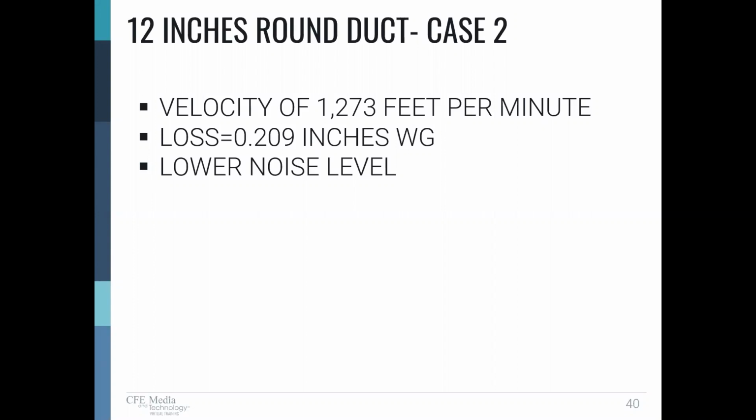So as I mentioned earlier, one of the ways to reduce the static pressure losses in a duct system is to increase the duct size. And to go from a 10-inch duct to a 12-inch duct, we've cut more than half the losses. This is within the normal design criteria between 1,000 and 1,500 feet per minute. And we're going to lower the noise level some.